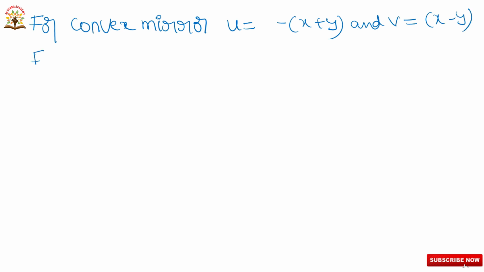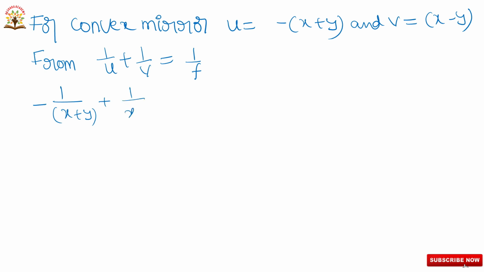Now from the mirror formula, 1 by u plus 1 by v is equal to 1 by f. Now substituting values, 1 by u, nothing but minus of x plus y, plus 1 by v, nothing but x minus y, is equal to 1 by f.